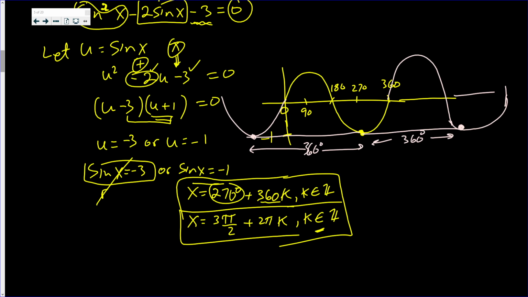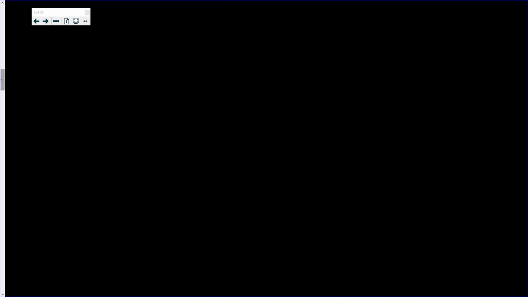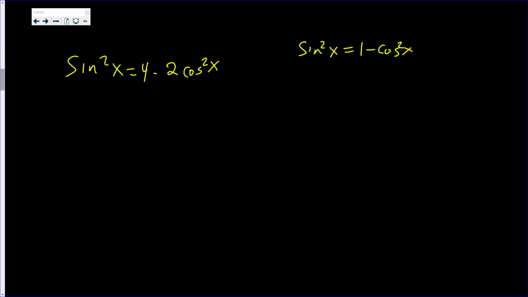Let us consider the next one. Suppose you have that sine squared x is 4 minus 2 cosine squared x. Well, remember that sine squared x is equal to 1 minus cosine squared x. So 1 minus cosine squared x is equal to 4 minus 2 cosine squared x.